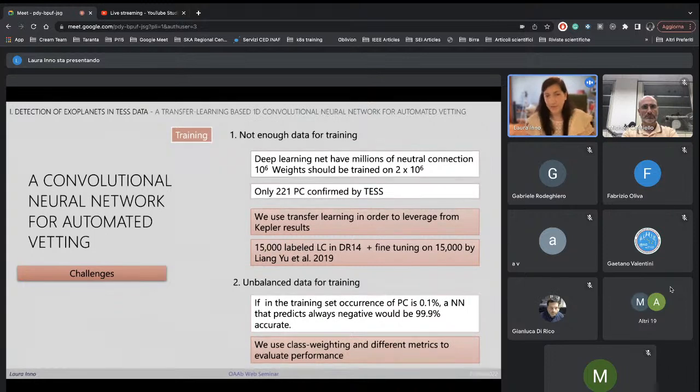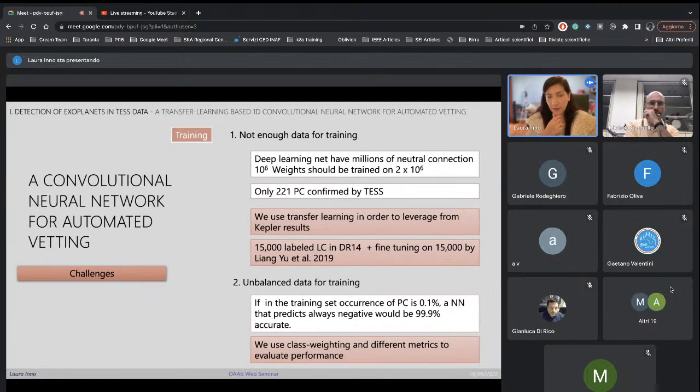Well, there are different ways to deal with this. We decided to use transfer learning because we wanted to leverage Kepler results. So we use a training set that has the DR24 from Kepler, so 15,000 light curves from Kepler. And then we use the 15,000 light curves that were provided by Liang Yu for the training of AstroNet.